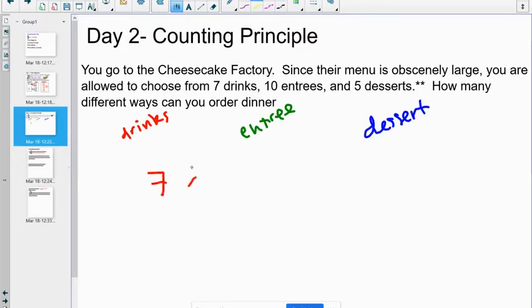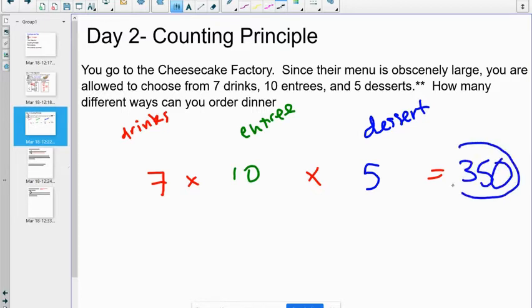You're going to multiply them across, remember? This is the counting principle. For entrees, we have 10 different entrees to choose from. In dessert, we have 5. So 7 times 10 is 70, and 70 times 5 is 350. So your final answer would be 350.